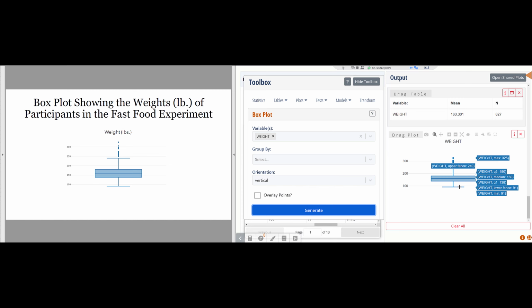The interquartile range goes from 138 pounds up to 180 pounds. I think I had said from about 140 to about 180, just eyeballing the plot. And the median value here is 160.